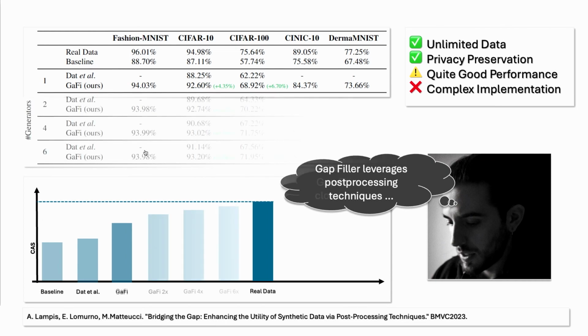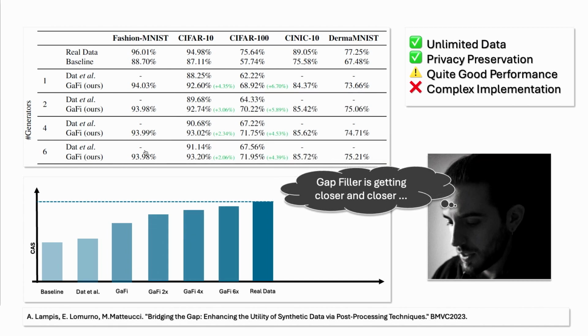And if you do this with multiple generators for the same task, you see that you're able to get quite close to the classifier trained on real data. Did we reach it? No.